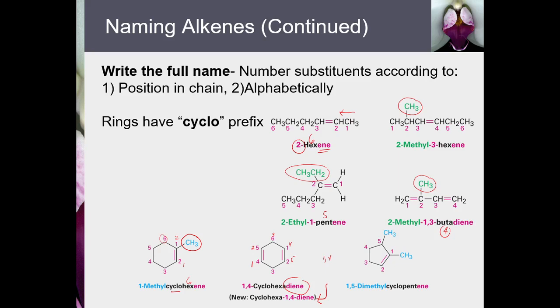We have here 1, 2, 3, 4, 5. At carbon positions 1 and 5, you have a methyl. Because there are two methyls, we use the prefix di. So that's why this organic compound is named 1,5-dimethylcyclopentene.